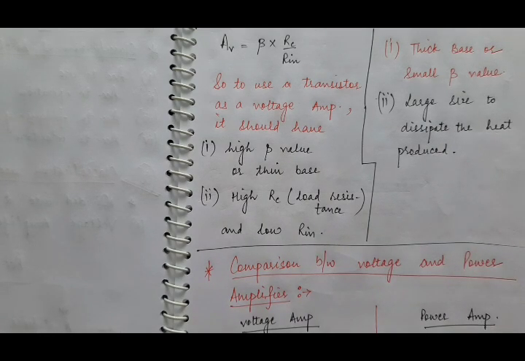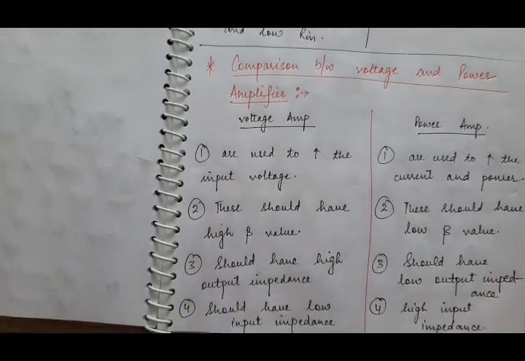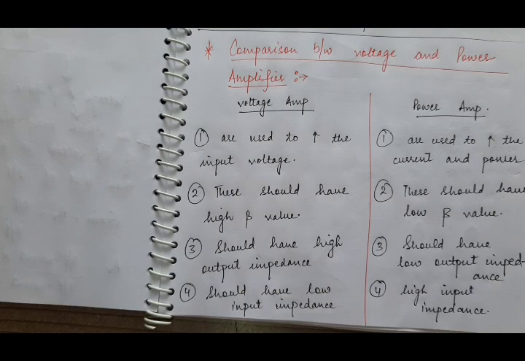So what are the differences, or comparison, between voltage amplifier and power amplifier? These are some points. First point is, voltage amplifier is used to increase the input voltage, and power amplifier is used to increase the current and power.